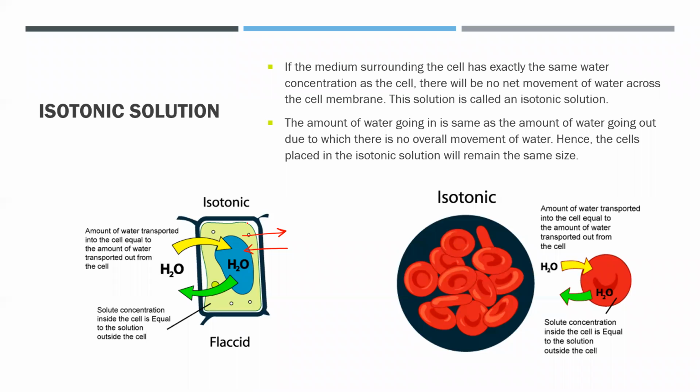In this case the cell will neither shrink nor swell. It will not swell up, it will not shrink, so it remains the same size as it is, and that condition of the plant cell is termed as flaccid condition.